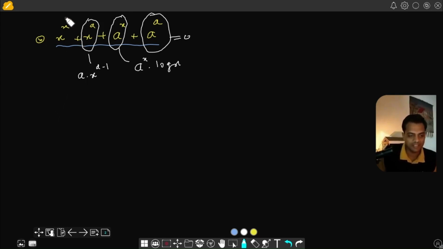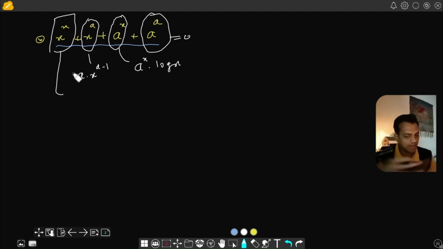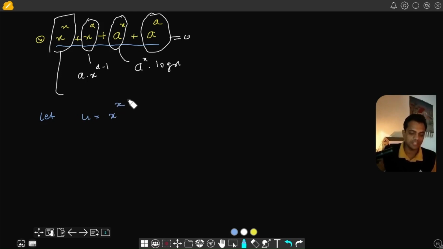So we will take this particular term outside of this expression, we will take the derivative of this term separately and then add all these derivatives. Okay, so let us suppose that u is equal to x raised to x.